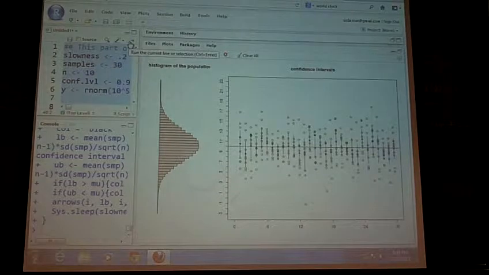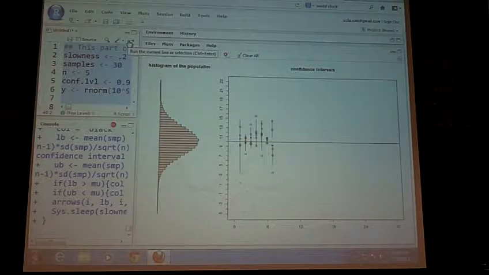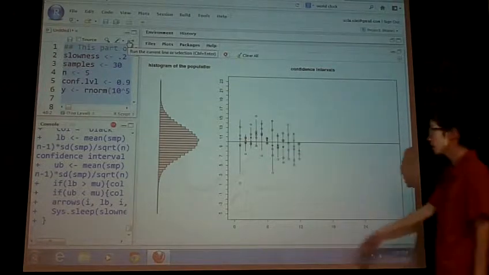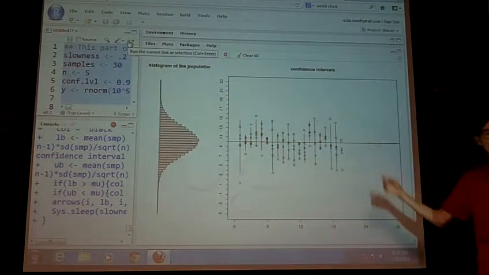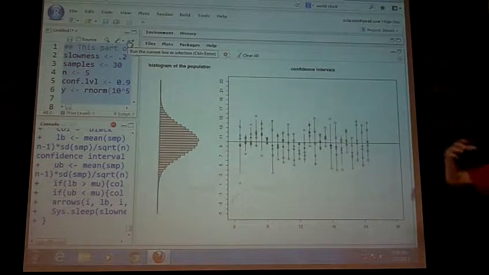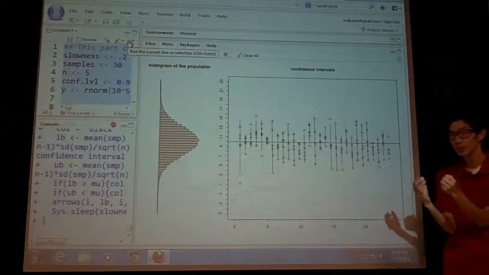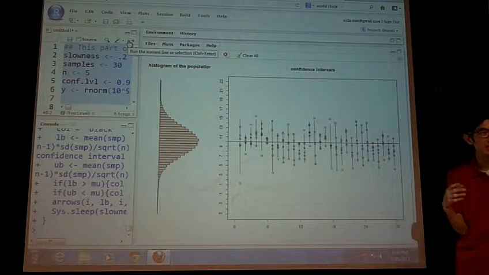I can change the size of my sample, so rather than taking samples of size 10, I can take samples of size 5, okay, and notice, I think the overall scale is still going to remain the same, but here, because I'm only taking 5 dots, we're seeing that the confidence intervals are much wider, because my standard deviation could also be much bigger or smaller, since it's not as good of an estimate as using 10.